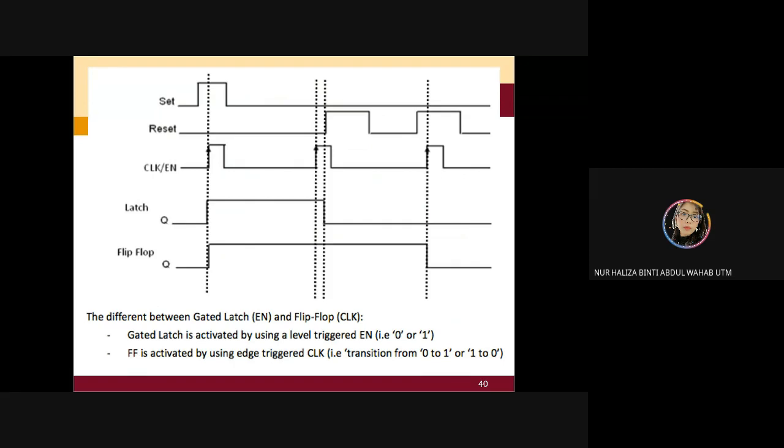We're going to have a difference of the waveform, although our inputs here, S and R, and also EN, and also the clock, are totally similar, but our latch output and our flip-flop output are different. So let's take a look one by one first. We're going to look at EN because it's going to be a latch.